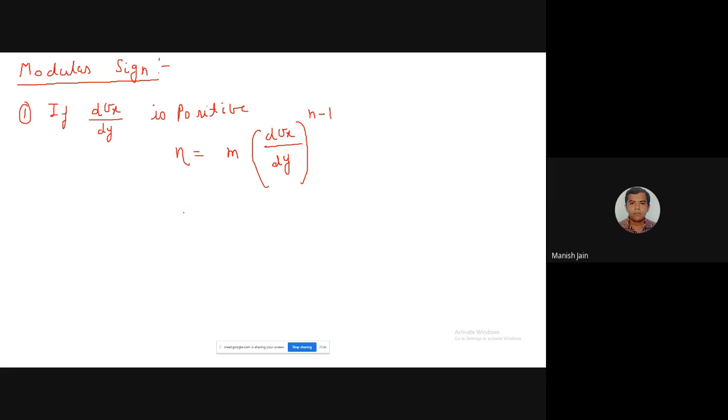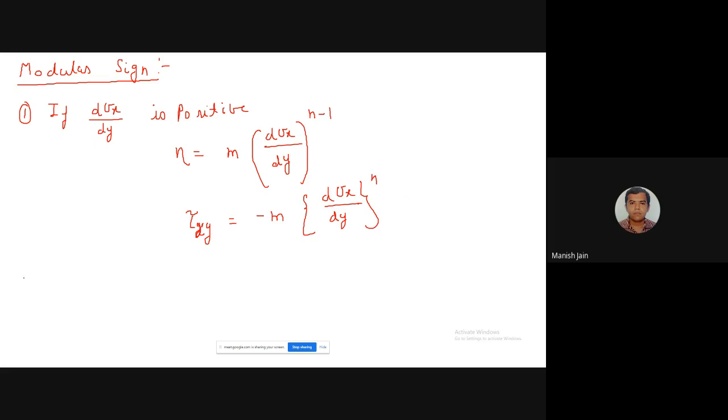Okay, and then tau xy will become tau xy equal to minus m in bracket (dvx by dy) to the power n. Okay, so this is the first part.